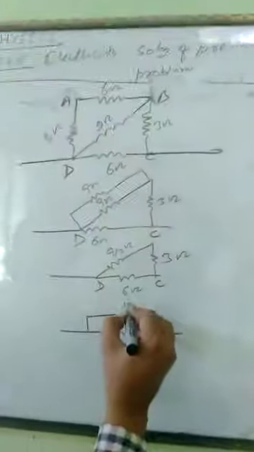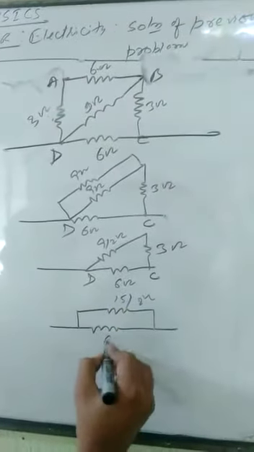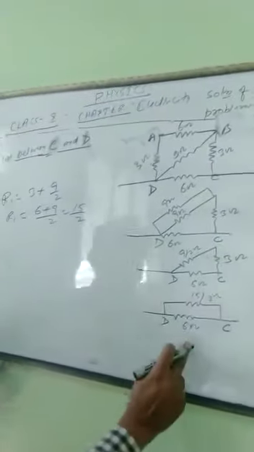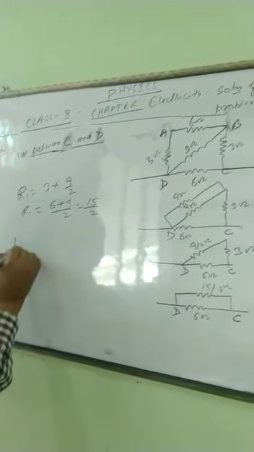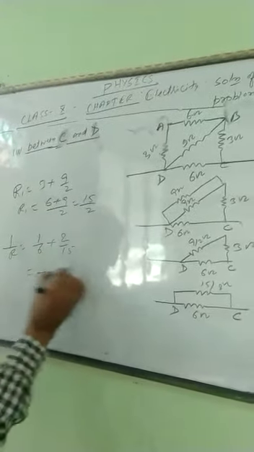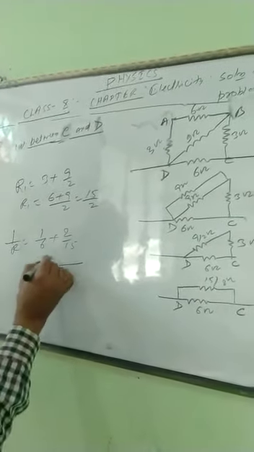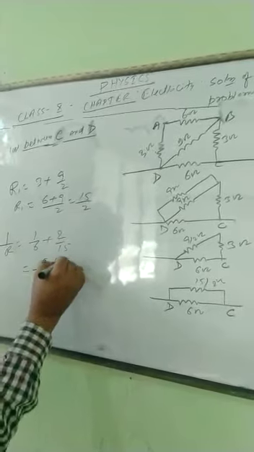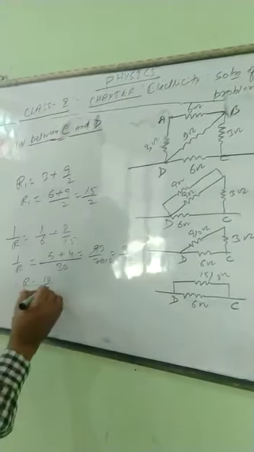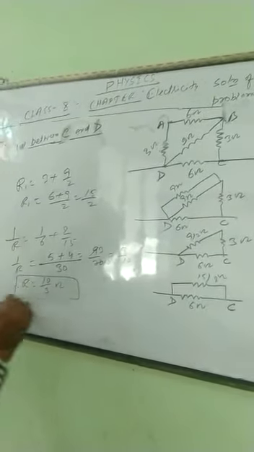This is 15 by 2 ohm and this is 6 ohm. It is D and it is C. Both of these are in parallel. Therefore, the equivalent resistance will be 1 by 6 plus 2 by 15. This is 30, 5 plus 4, 9 by 30, 3 by 10, so 10 by 3 ohm. This is the answer to the third question.